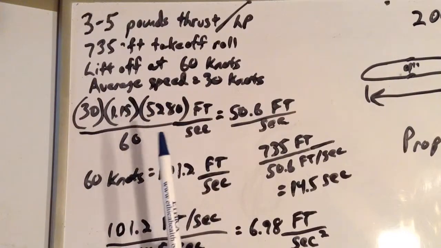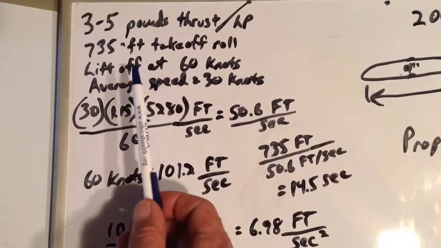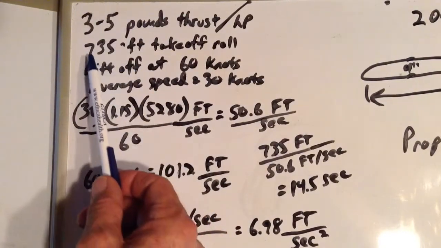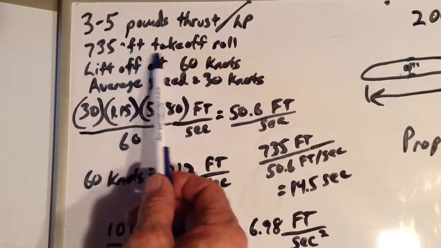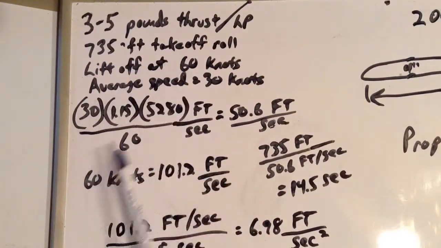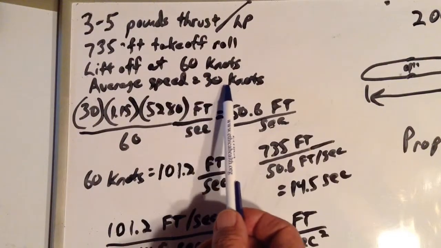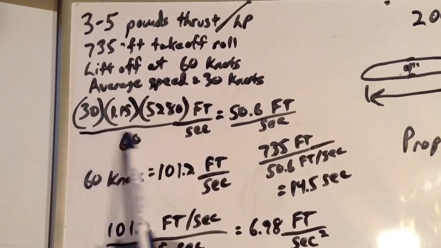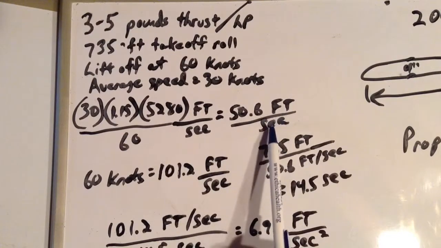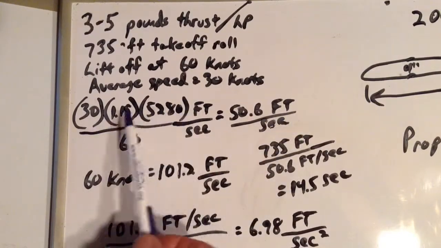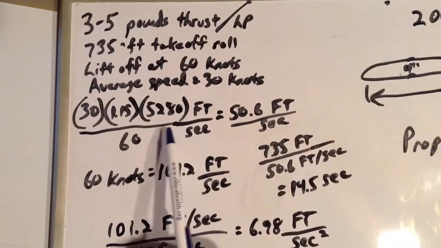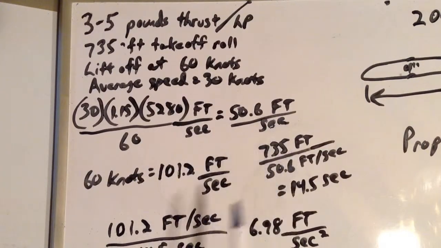So we can look at the POH and see that we have a 735-foot takeoff roll for a Cessna 150. Generally lift off at 60 knots, so the average speed is going to be 30 knots. Well, 30 knots is 50.6 feet per second. We just threw in all the conversion factors there to get that.